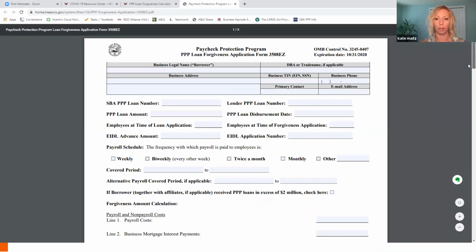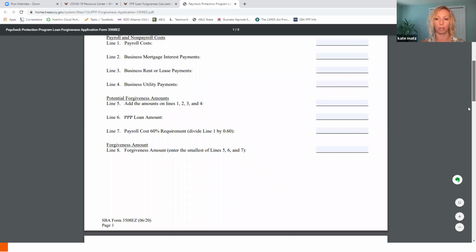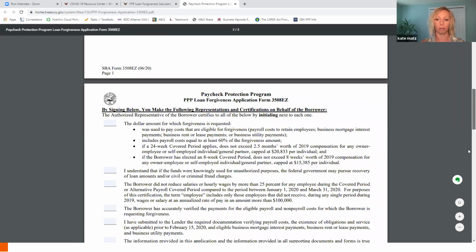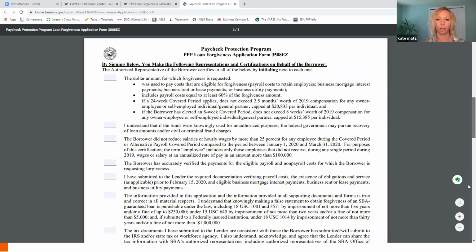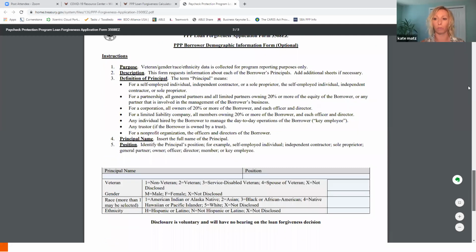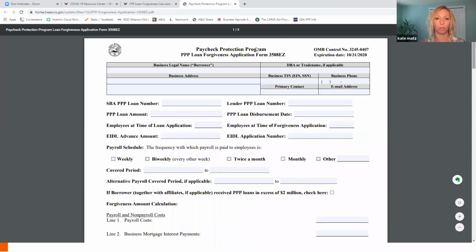There's this first page here where you're actually doing your inputs and general business information and those dollars we just calculated. The second page is a bunch of certifications. And then the third page is some optional demographic information that you can skip over if you'd like. So let's walk through the details here.